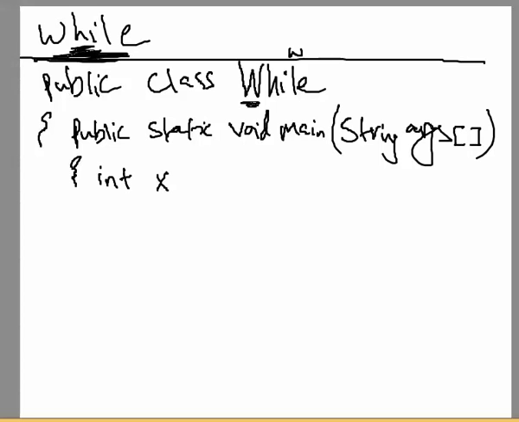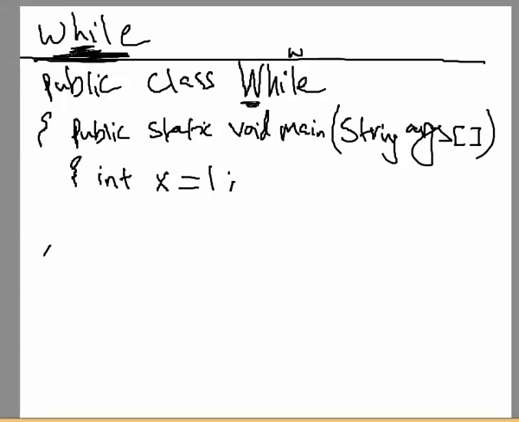We'll call it int x. So what do you think the value of x should be? I want to list the numbers from 1. Yeah, so we'll give it a value of 1, as an initial value, because I want to list the numbers from 1, not from 0.